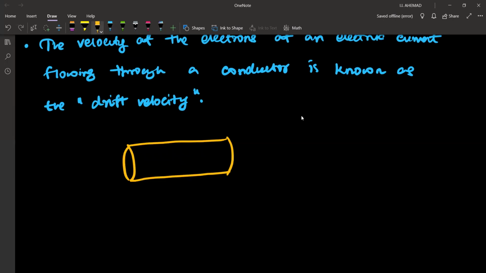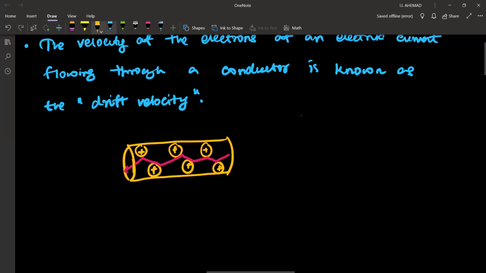Now we have a lot of cations. When we have these cations, electrons cannot move directly. They have to bounce off these cations and move to the other end.